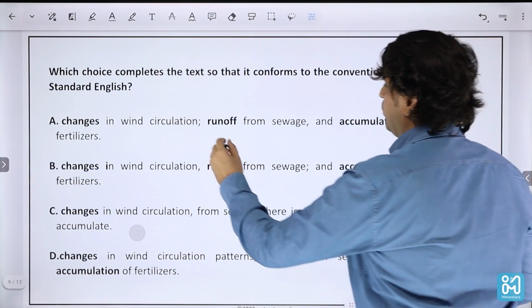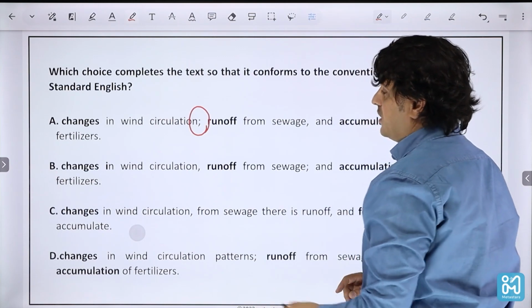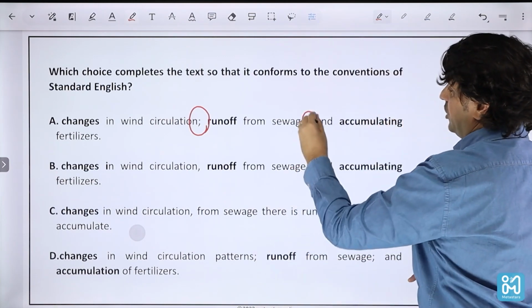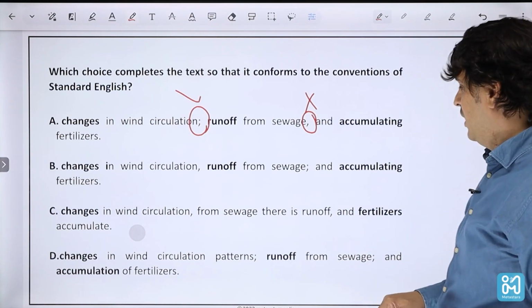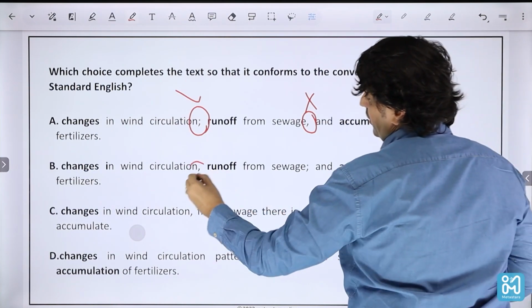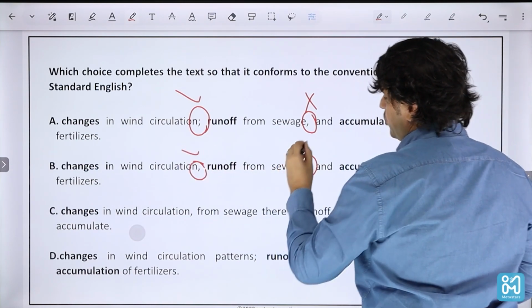If I started with a semicolon, it should be a semicolon here. So this one is a semicolon, this one is a comma. No, it can't be this way. It says a comma here, so I should continue with a comma. This one is a comma, no, this one is a semicolon. This one's wrong.